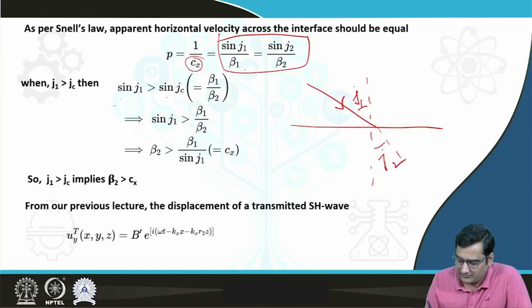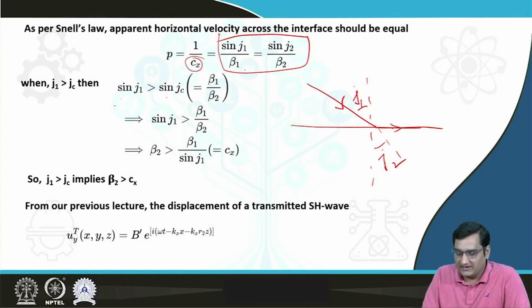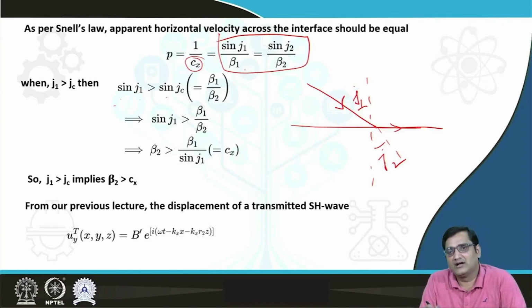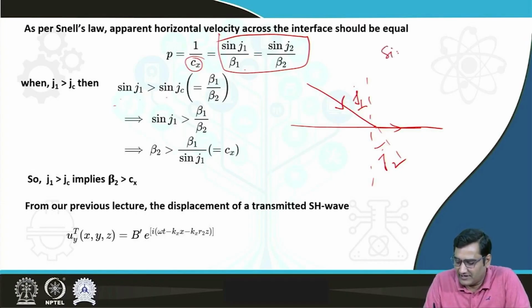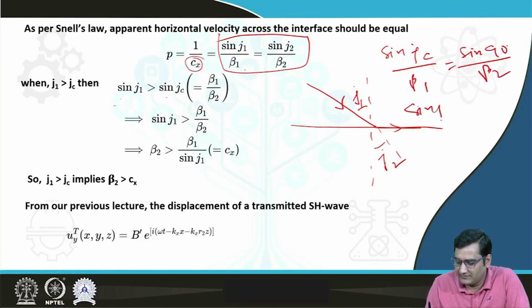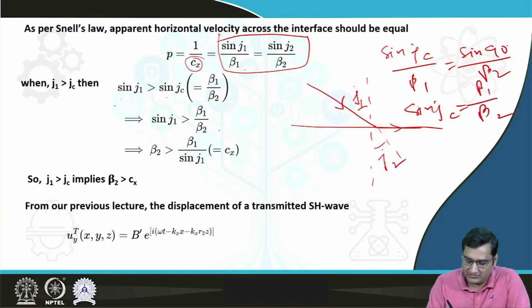As I told you in the previous slide, if the energy is having the refraction angle 90 degrees, that is the case when the incident angle is equal to the critical angle, then sine of JC by beta 1 will be equal to sine of 90 degrees by beta 2, and sine of JC will be equal to beta 1 by beta 2.